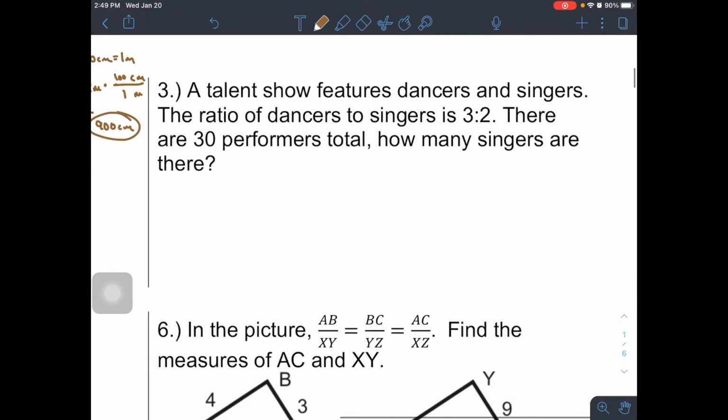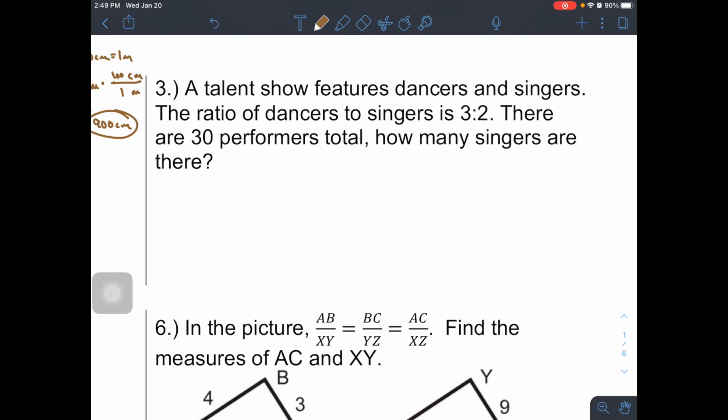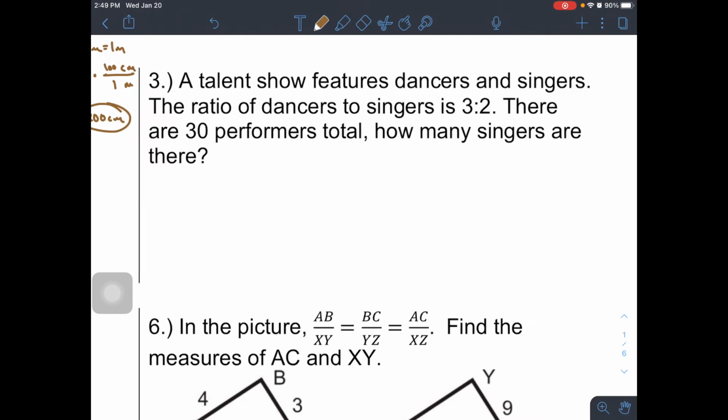Here we've got a little higher level question. Right? A talent show features dancers and singers, and the ratio of dancers to singers is 3 to 2. There are 30 performers total. How many singers are there? Well, we know that there are in total 30 performers, and there are two types of performers, dancers and singers, and they have a ratio of 3 to 2.